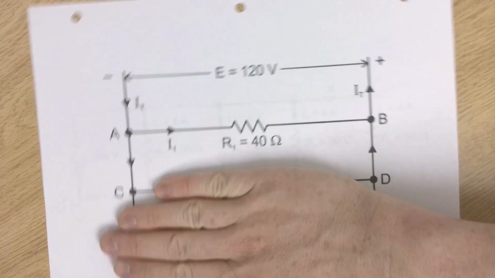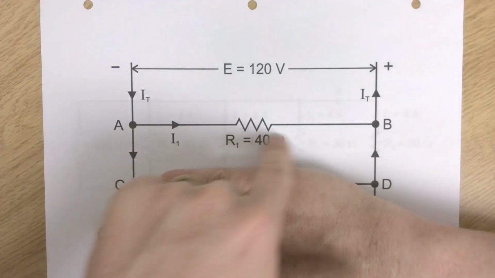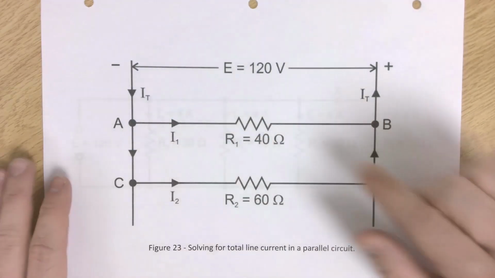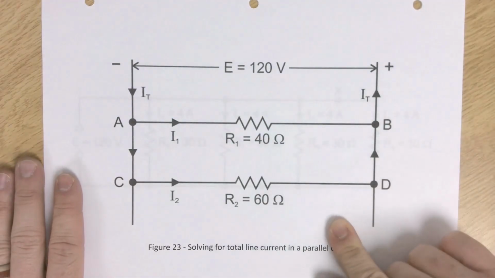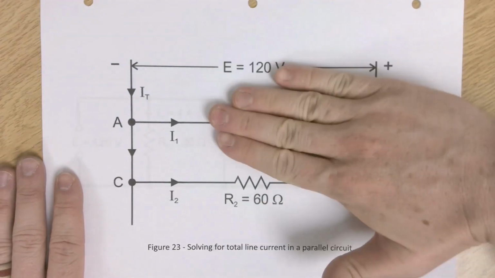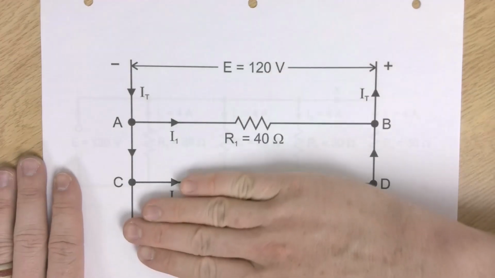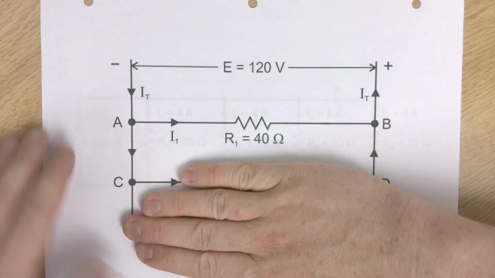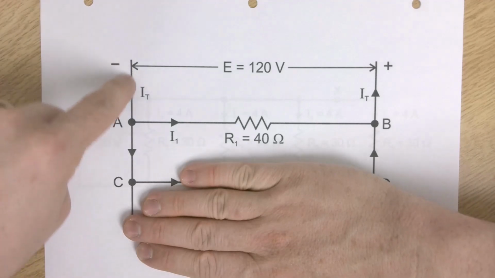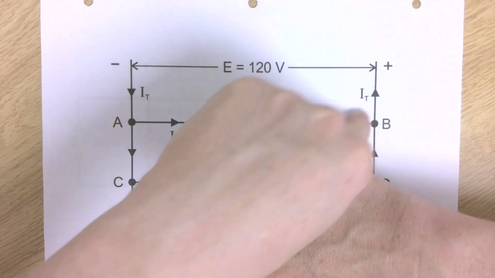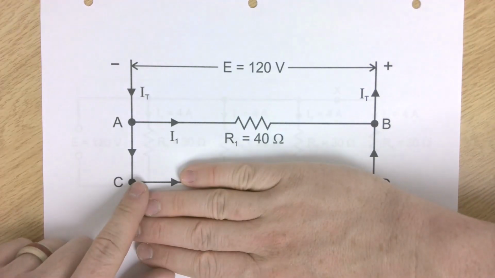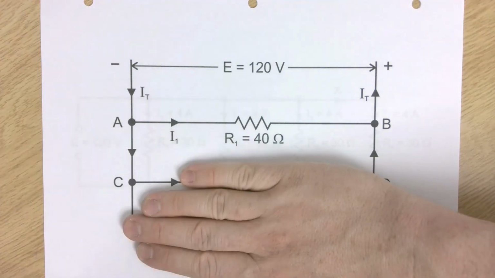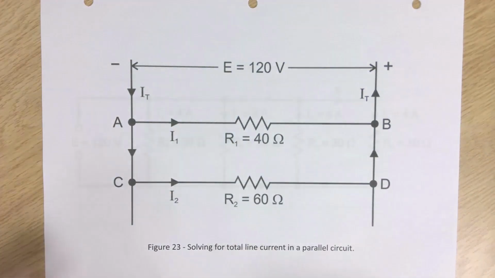Oh, okay, that one's gone. All I have is this branch circuit now. And since we only had two resistors connected in parallel, if we lost R1 or R2, now we only have one resistor connected. This is going to act exactly like a series circuit. And since we only have one resistor, that would be our R total, and so on and so forth.